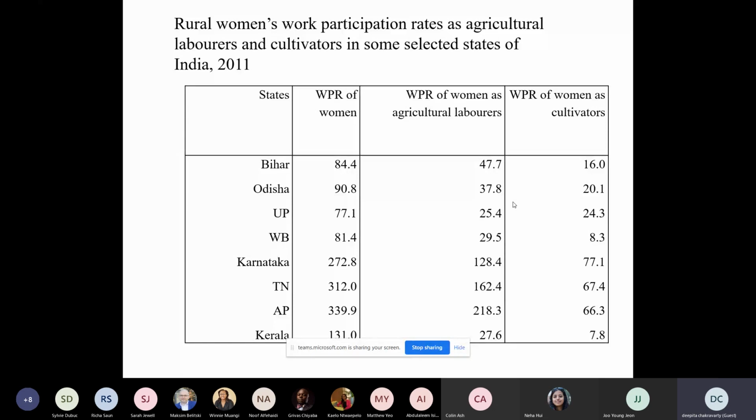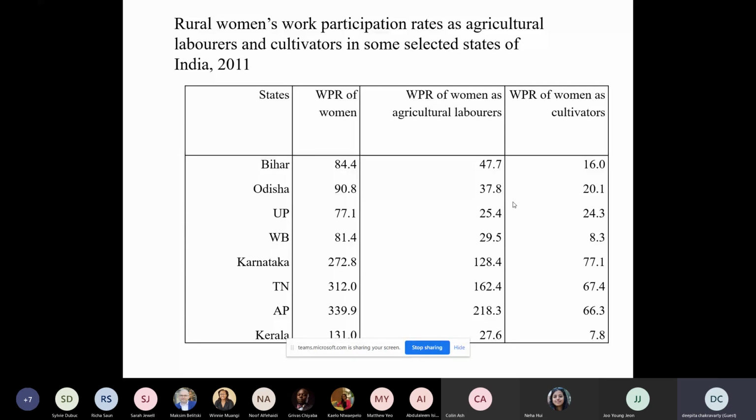But the point I actually want to highlight here is please look at the incidence of agricultural workers, okay, agricultural laborers. This is the worker population ratio of agricultural workers. So basically, I have normalized these figures by the population figures. You can see that the incidence of women agricultural laborers in the population of eastern India is much less compared to the southern Indian states, except Kerala.